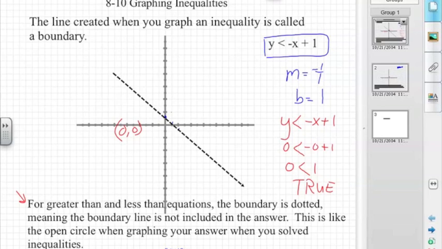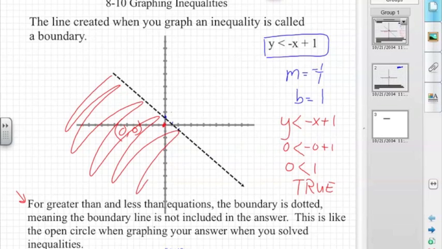So what that means is we selected the origin, this point right here. Because we tried it in our equation to see if it works, and it did work, we know that all of the points in the space down here will work if we pick them for our equation.